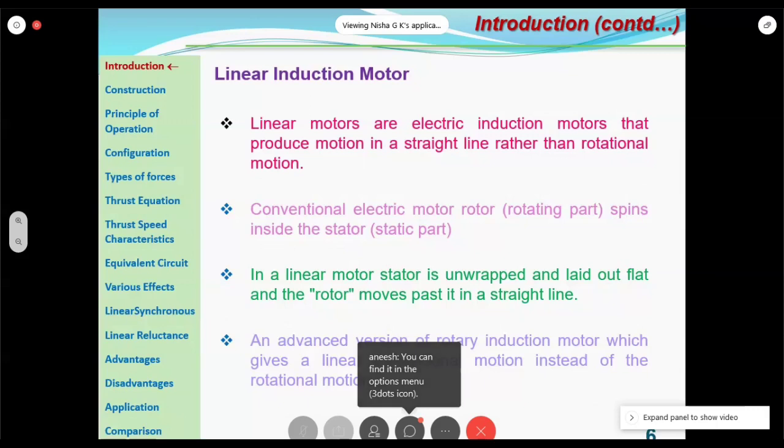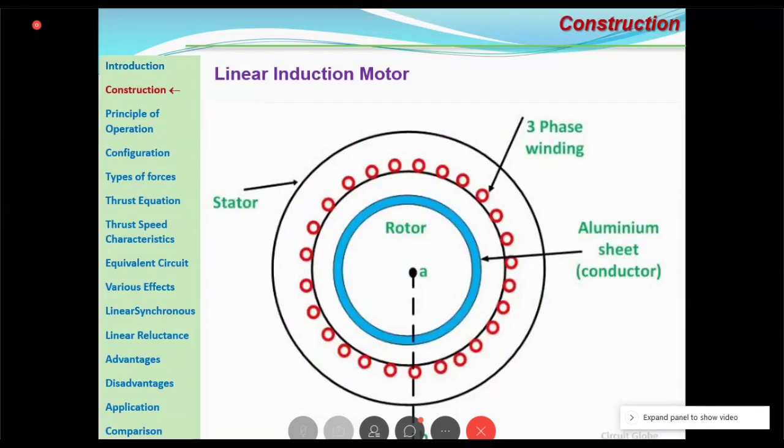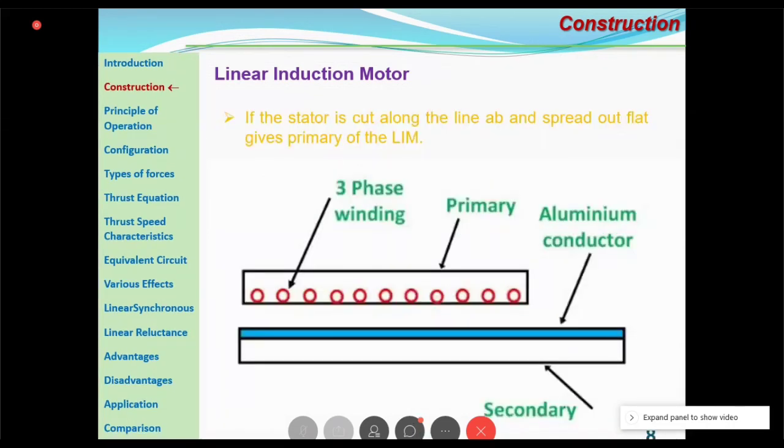So it is an advanced version of a rotary induction motor, which gives a linear motion instead of a rotational motion. You can see a three-phase winding, a stator, a rotor, and an aluminum sheet or conductor. Then you can see the section AB. If you cut that AB section axially and stretch it, you will get the primary of the linear induction motor.